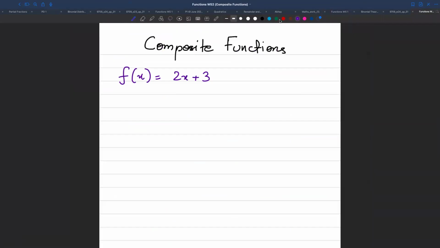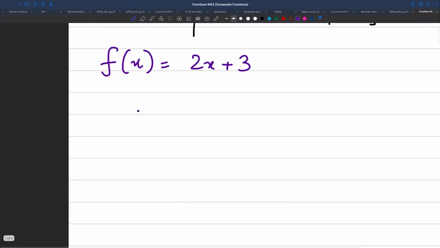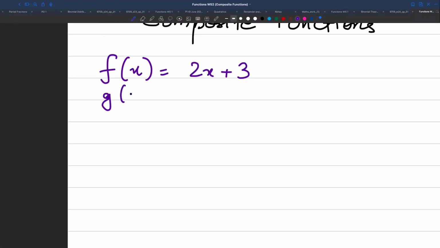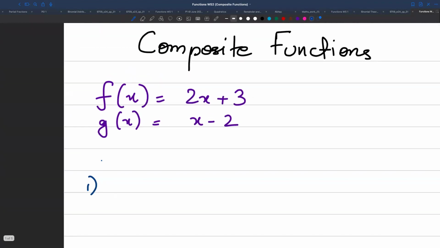I will quickly discuss composite functions with you. Let's say f of x is 2x plus 3. I will keep it very simple for now. Let's say g of x is x minus 2. The most basic question with composite functions: composite means composed of two different functions, right?